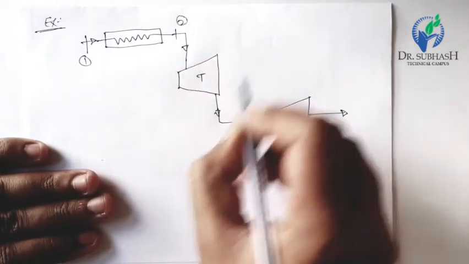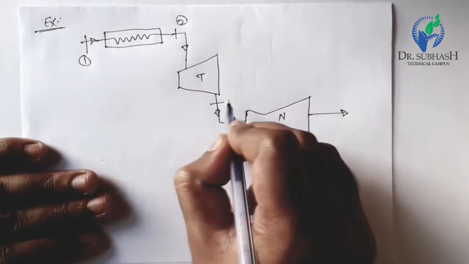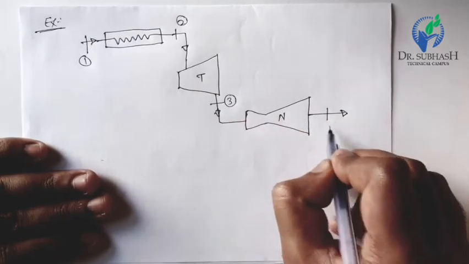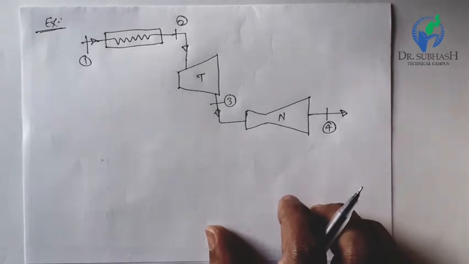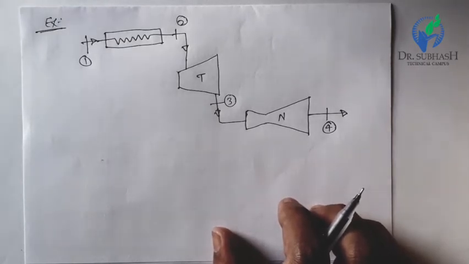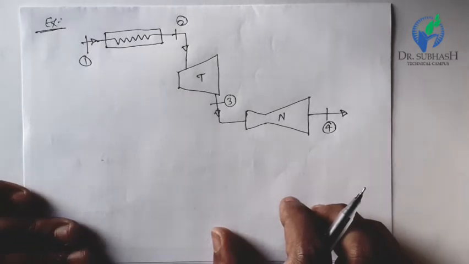Air at a temperature of 15 degrees Celsius passes through a heat exchanger. So T1 is 15 degrees Celsius, passing through the heat exchanger at a velocity of 30 meter per second. So here the velocity is C1.